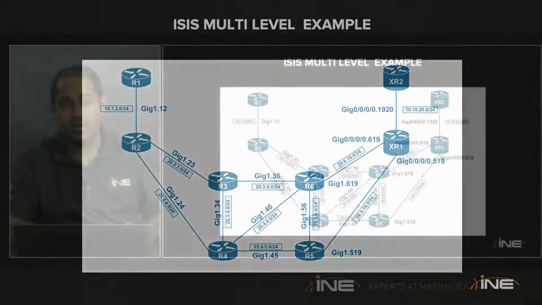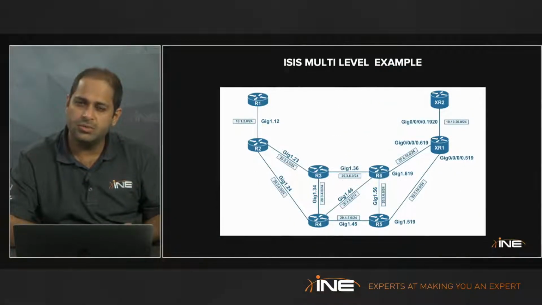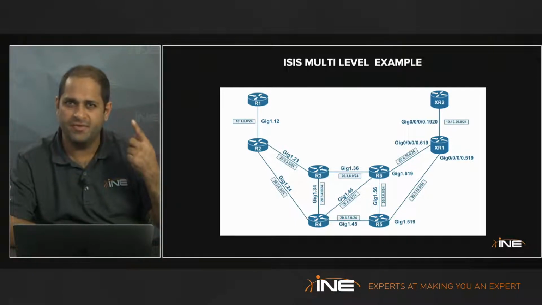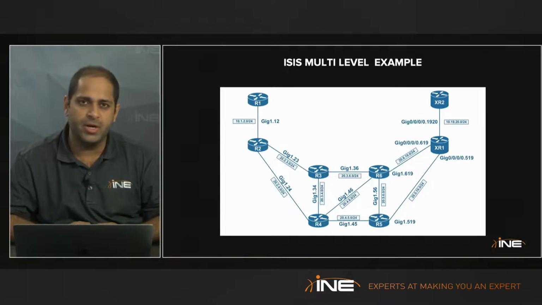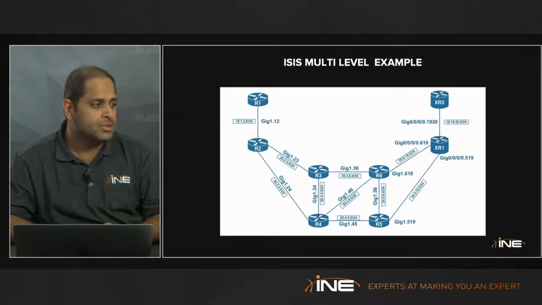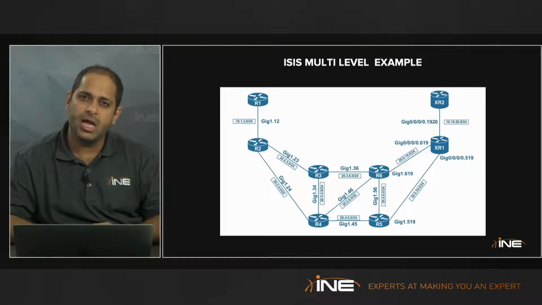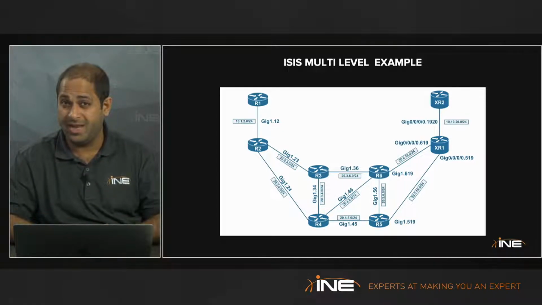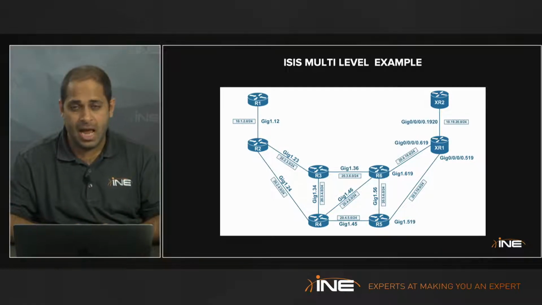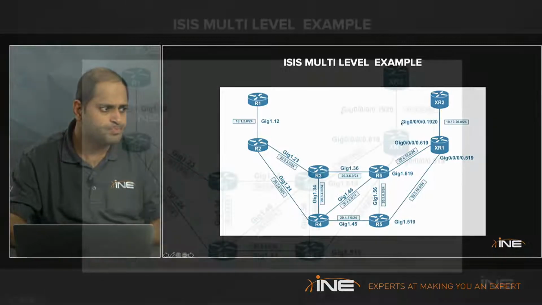So am I running multi-level on R1 and R2? No, I'm just running a single level on R1 and R2 because they only have one level running, just level 1. They're not running level 2 also. So now on R3 and R4, I will configure multi-level, which means they would be like an ABR running level 1 and level 2, which is by default anyway.